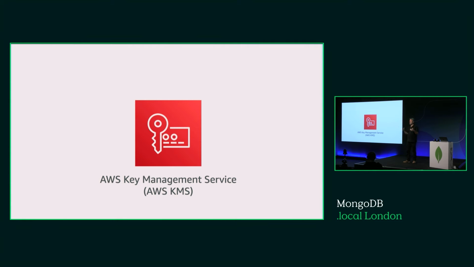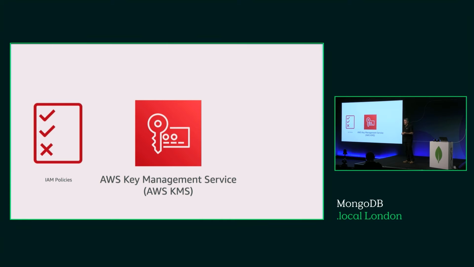If you need a data key, you can call an API saying, hey, Mr. KMS or Mrs. KMS, can you generate a new data key for me? And KMS will generate a new data key and give it back to you in an encrypted version so that you can store it somewhere, and a clear text version so that you can use it to encrypt and decrypt your data.